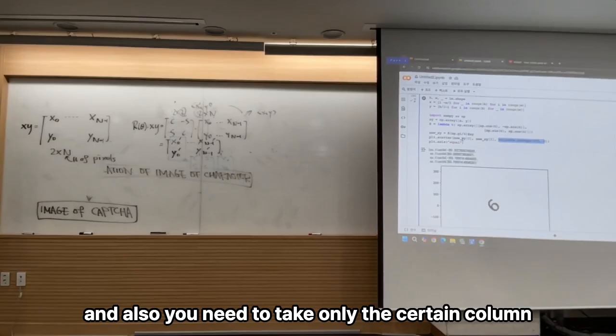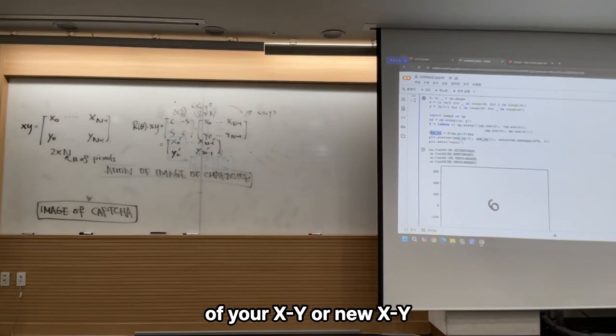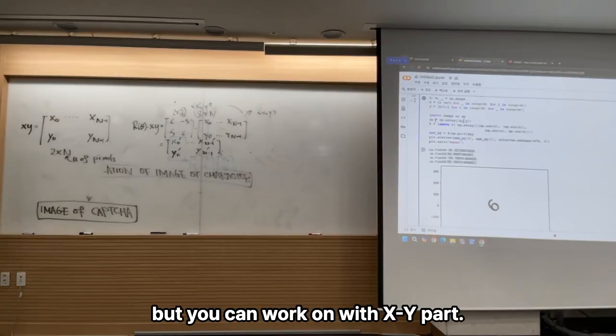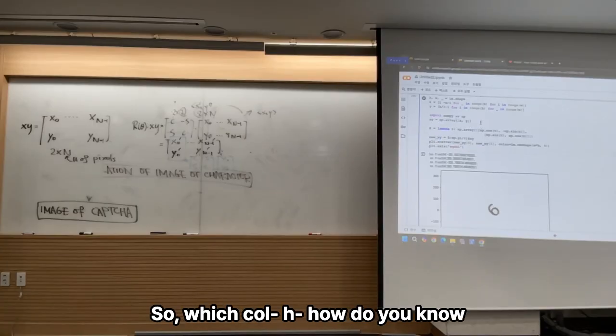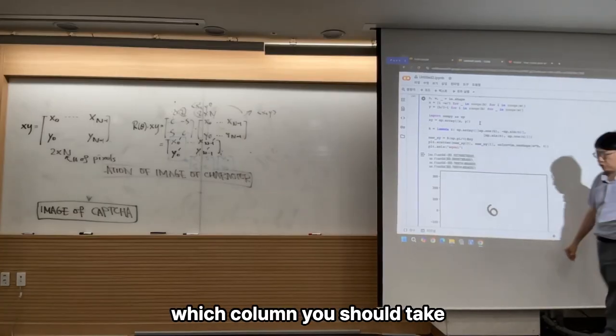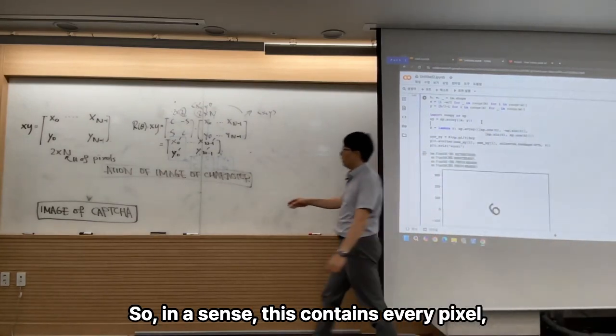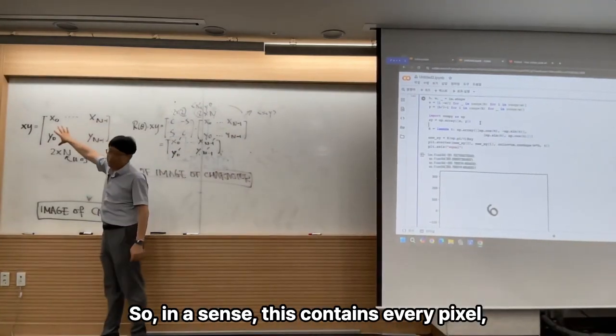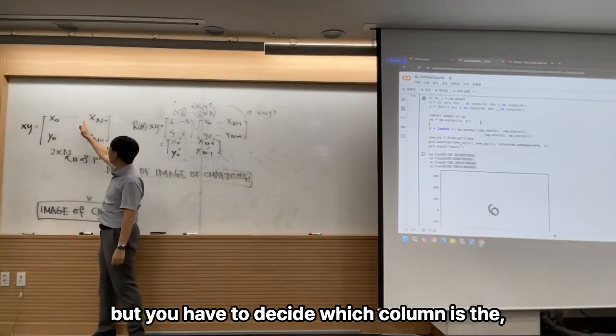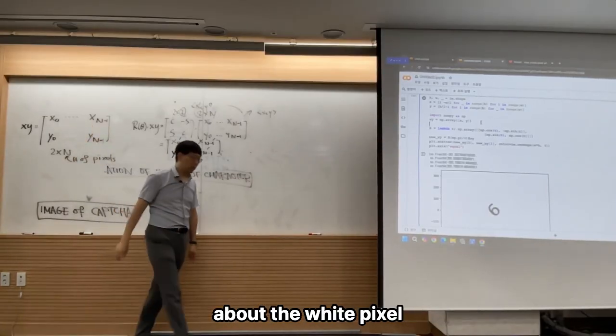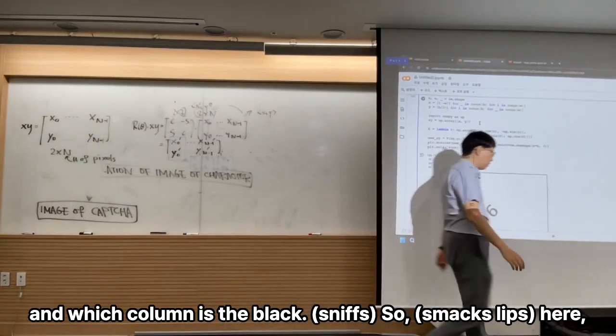And also you need to take only the certain column of your XY or new XY, but you can work on with XY part. So which column, how do you know which column you should take and which column you should discard? So in a sense, this contains every pixel, but you have to decide which column is about the white pixel and which column is the black.